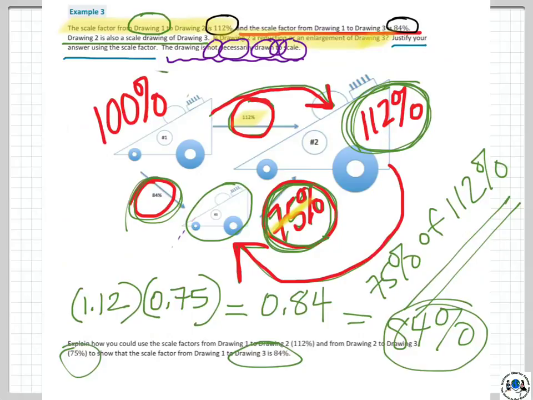But it also makes sense because, first of all, we know that 2 is larger than 1, which would make sense that the reduction is a little bit. See, a 75% reduction is going to be the same as an 84% reduction over here.